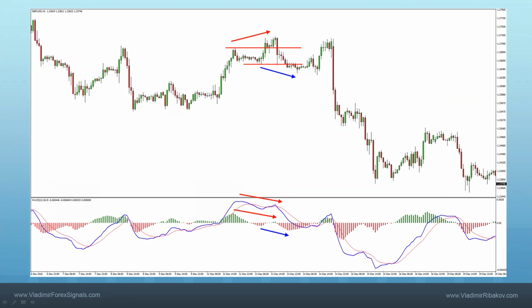What is a full convergence? Full convergence, not just a principle. When we have the MACD histogram confirming that as well. So this is the low, this is the low, and the histogram has lower lows as well. This is a full convergence.